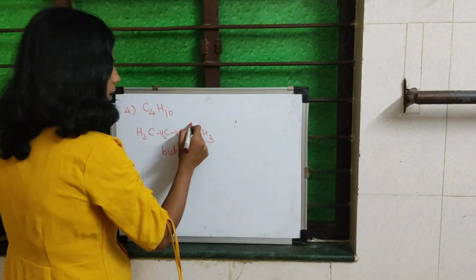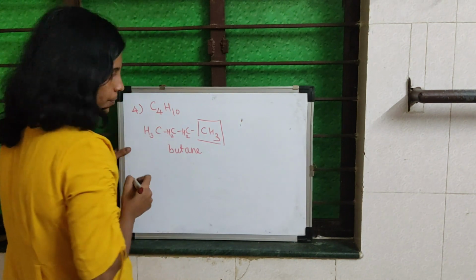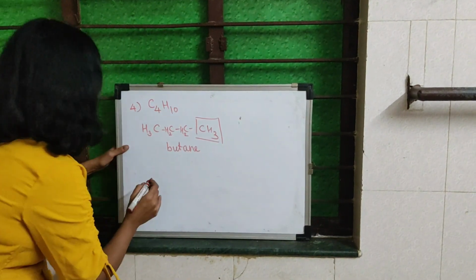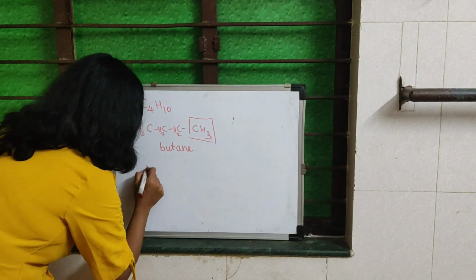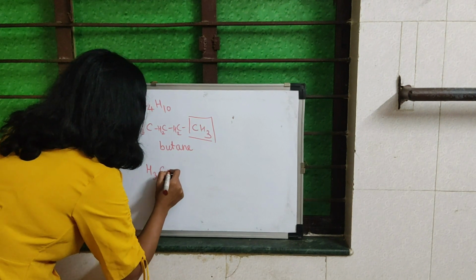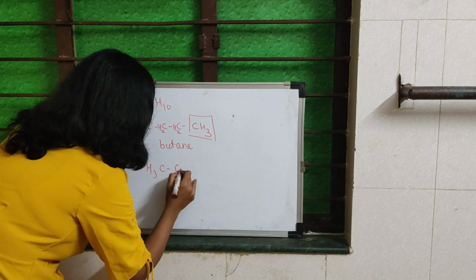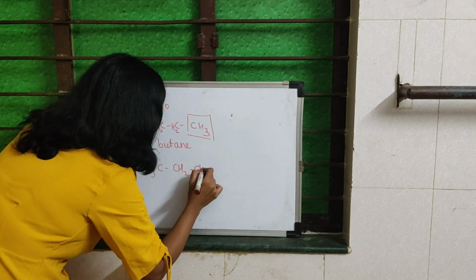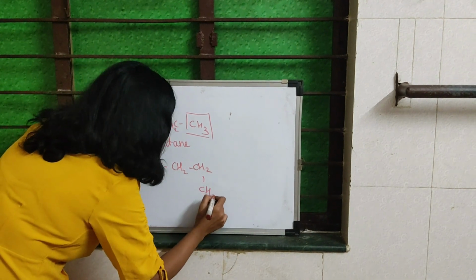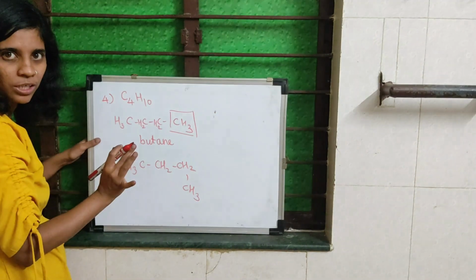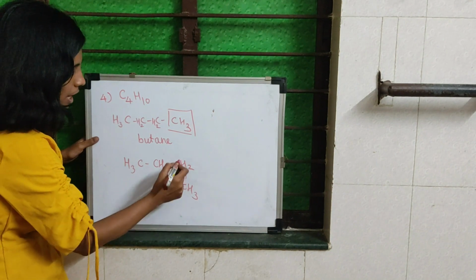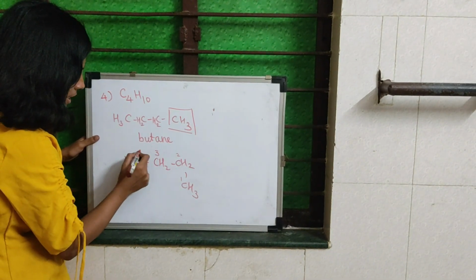Now, can I shift this chain somewhere? Let us shift it down here. CH3, CH2, CH2 and CH3. This is again similar only. There is no difference because I will be counting the carbons like this.